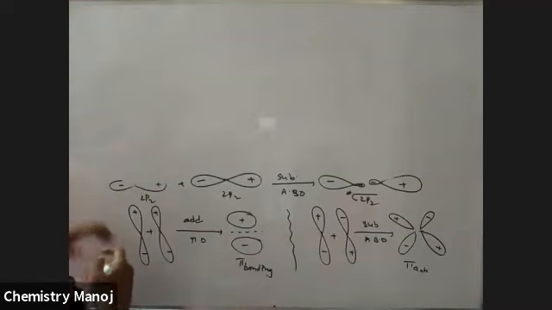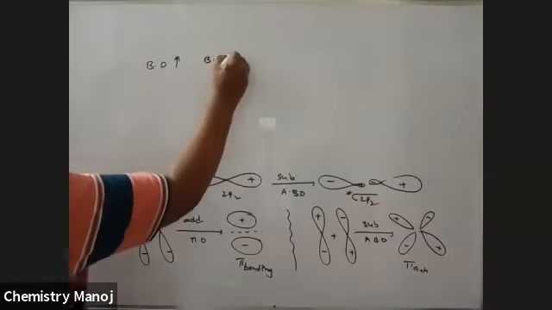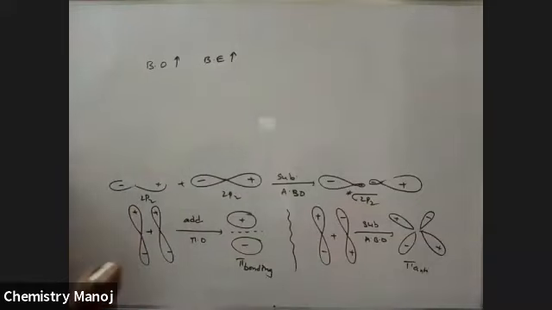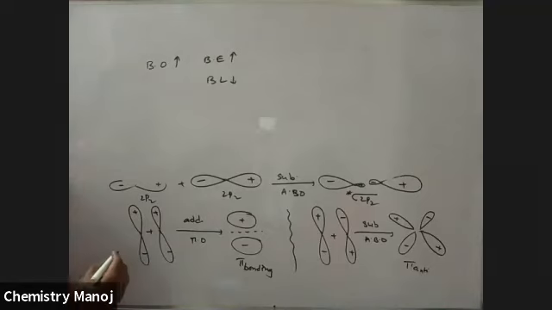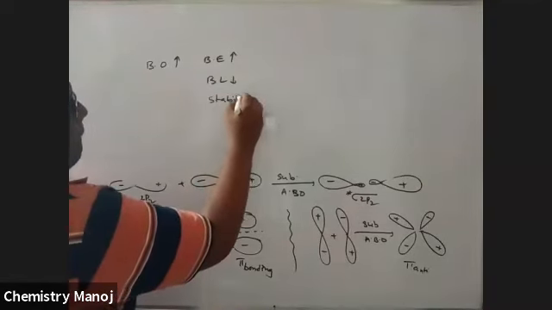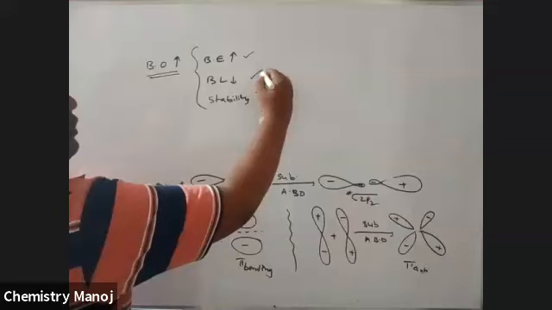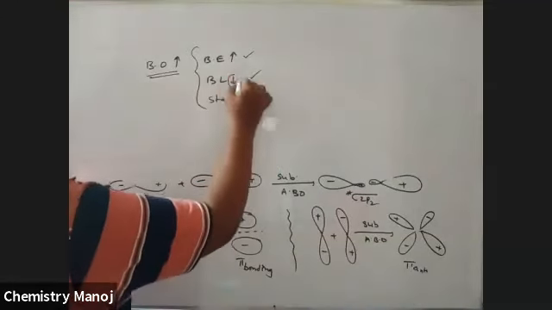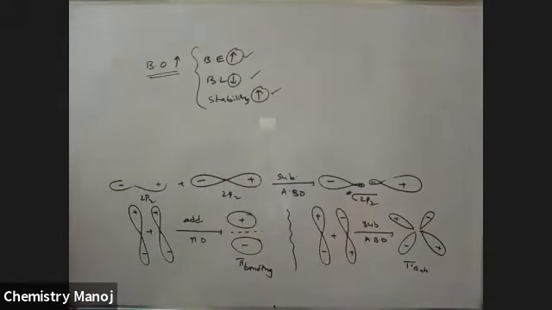As bond order increases, bond energy increases, bond length decreases, and stability increases. These are the most important cases.